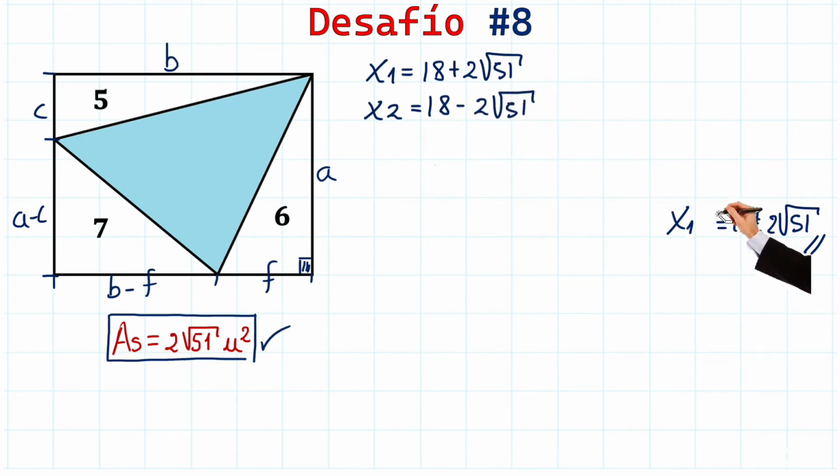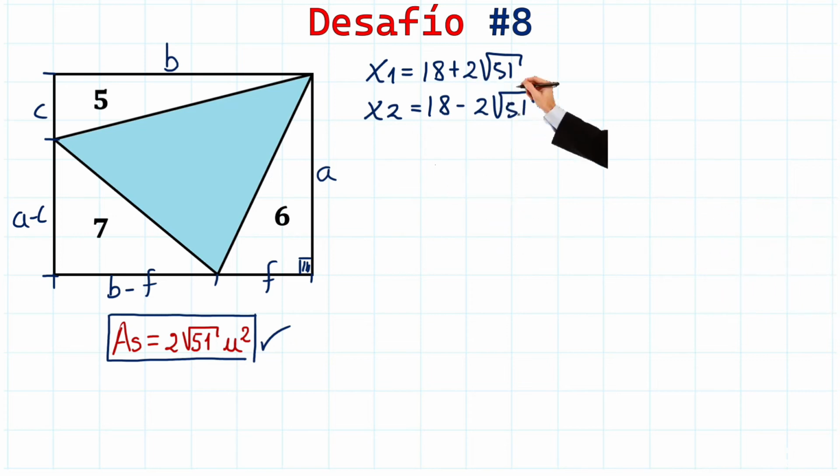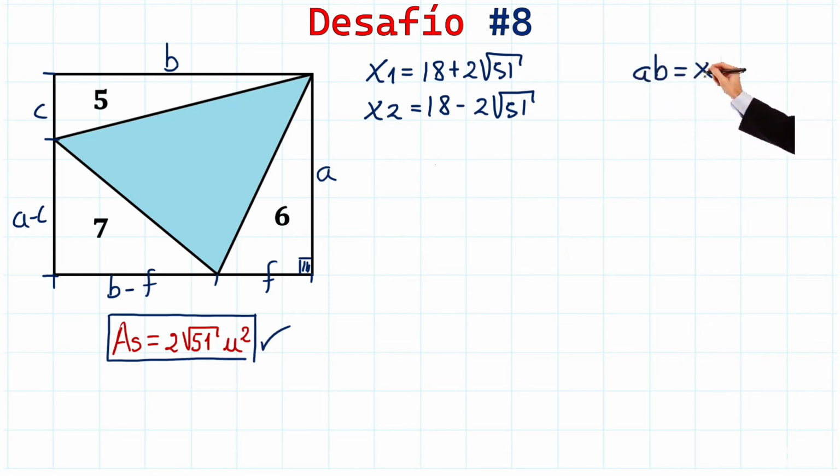Alright, let's erase this from here, and we're going to remember. You will go back to the video and remember that we had the variable change here. The variable change, ladies and gentlemen, was that AB is going to be equal to x. That's how we changed it.